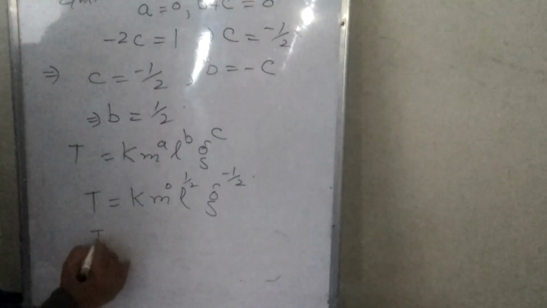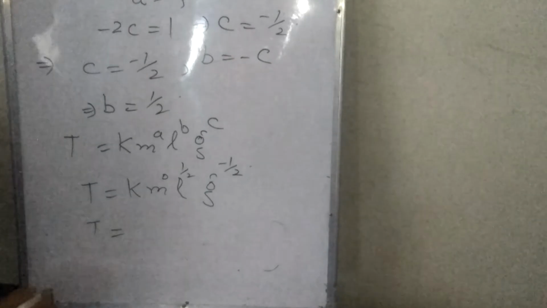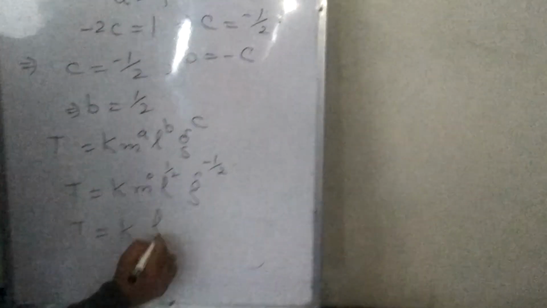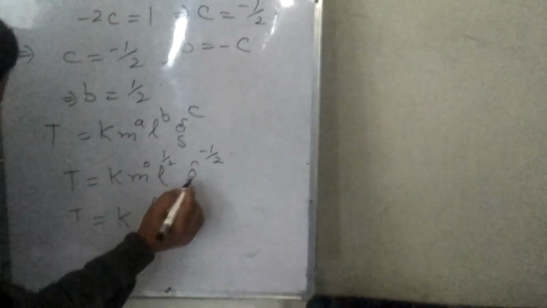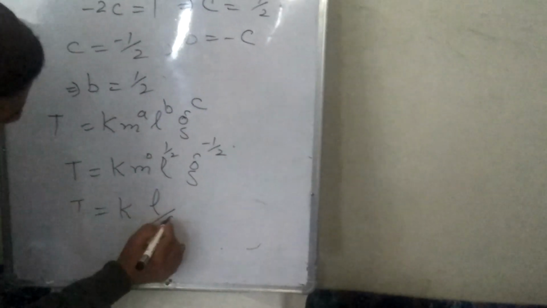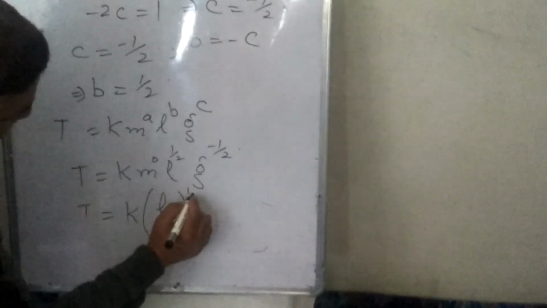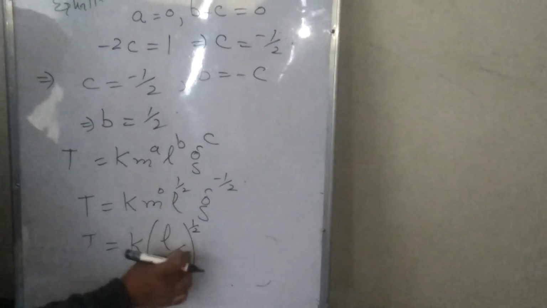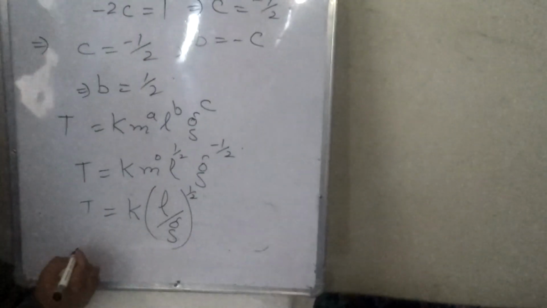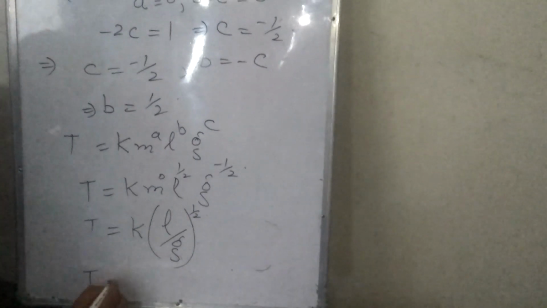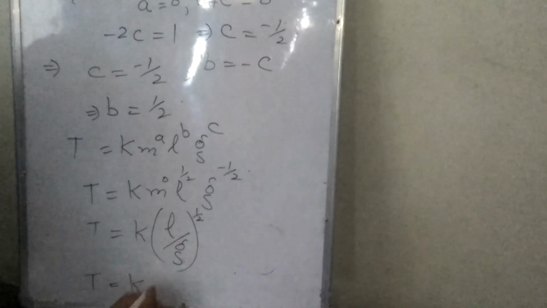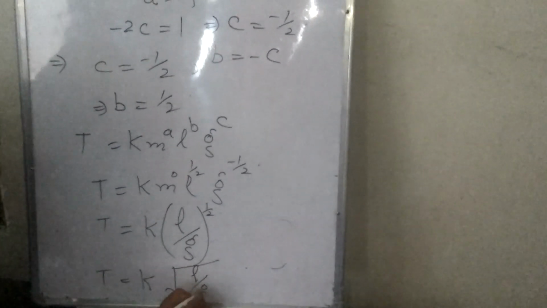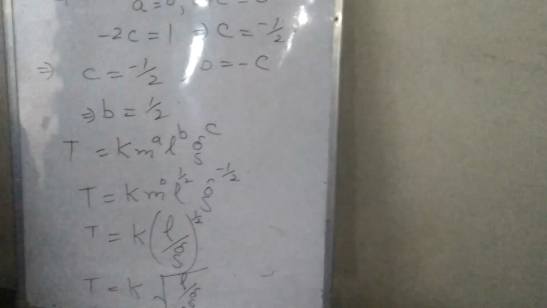M is neglected, so T is equal to k times L divided by g raised power plus 1 by 2, with g in the denominator. That means T is equal to k times the square root of L by g.